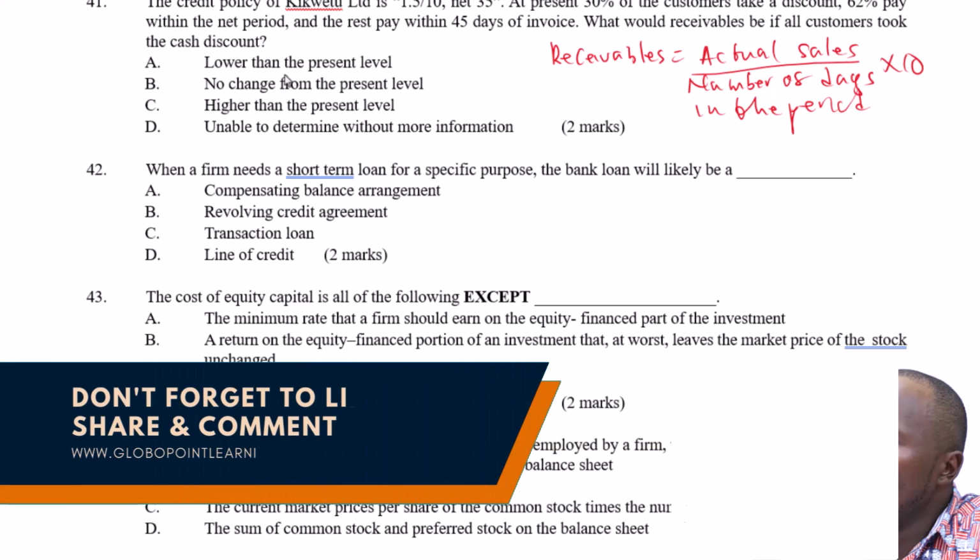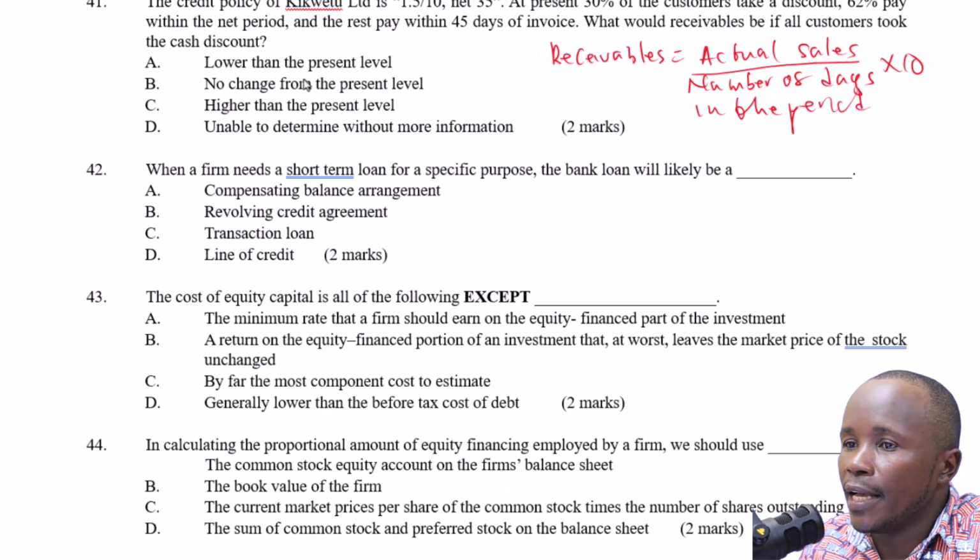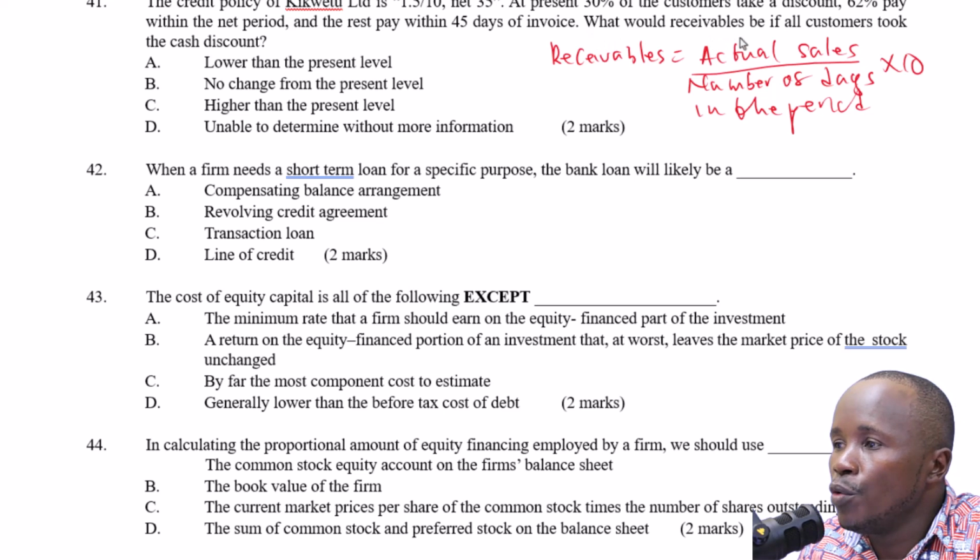Now, look at this. If you read this question correctly, you realize that there is no place where the actual sales have been mentioned. Now, what do we say here? What would receivable be if all customers took cash discount? Lower than the present level?